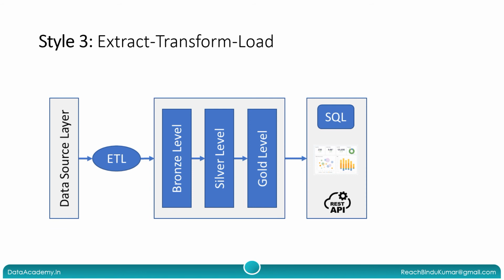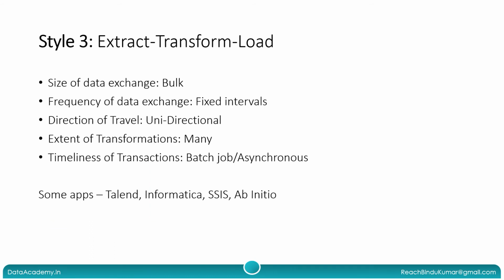For example, New York may be stored as New York or NY, right? So for the sake of consistency, you will expand NY to the full term, which is New York, right? That's just one example of how you enrich the data. So likewise, there are many transformations that are applied to the data.